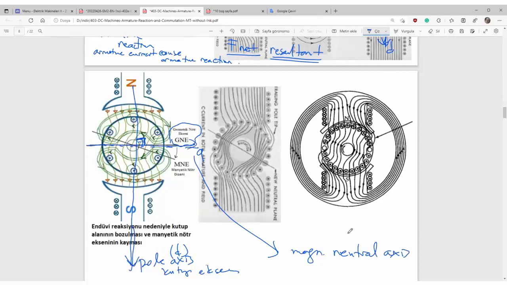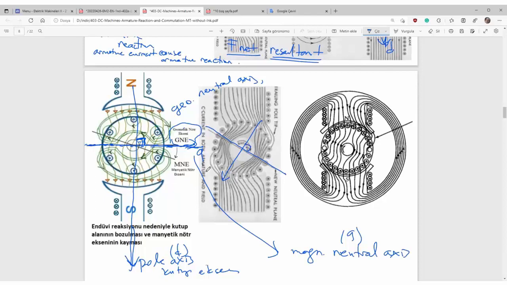It is Q. Now, ladies and gentlemen, that was the previous case, the geometrical neutral axis. But, Houston, due to armature reaction, the magnetic axis will be diverted and the quadrature axis will be diverted, resulting in a new direction.